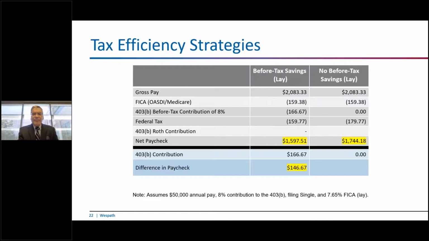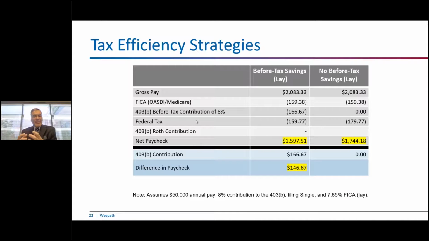Now, in this example, the numbers aren't important because everyone's paycheck is different. But what it illustrates is an important concept with before-tax savings for a lay participant. You don't experience a dollar-for-dollar difference in your take-home pay. That's what a lot of people look at, their take-home pay.